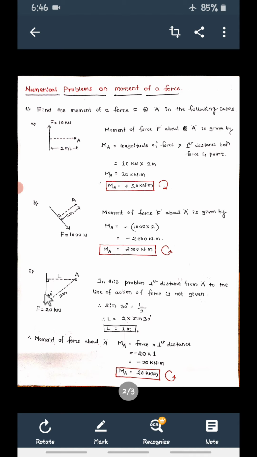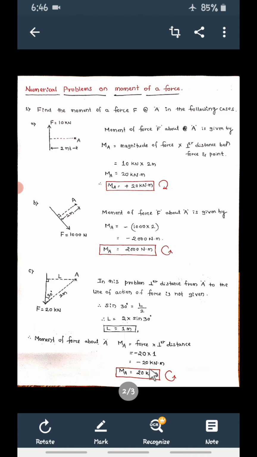Now you can calculate the moment of this force about A. So MA is equal to force into perpendicular distance. Force is 20 kilonewton, perpendicular distance 1 meter. With reference to A, this force is going to produce anti-clockwise moment. So it is minus. So minus 20 into 1 meter.